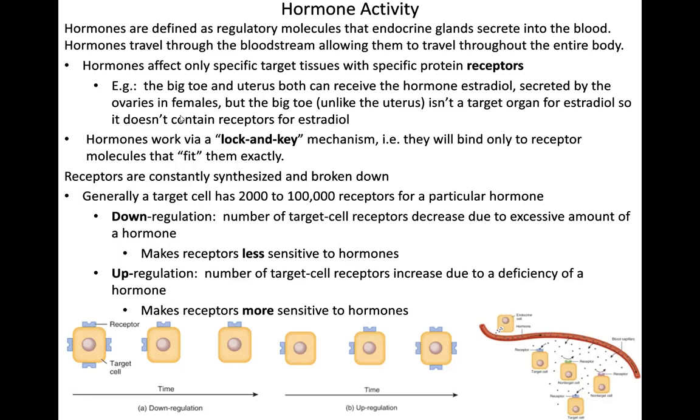So for example, the big toe and the uterus can both receive the hormone estradiol, but that hormone released by the ovaries in females only acts on the uterus, not the big toe, and that's because the uterus has the actual receptors, whereas the big toe does not have the receptors for it.